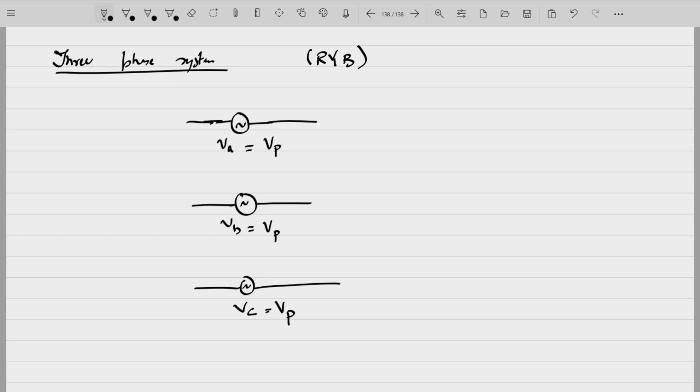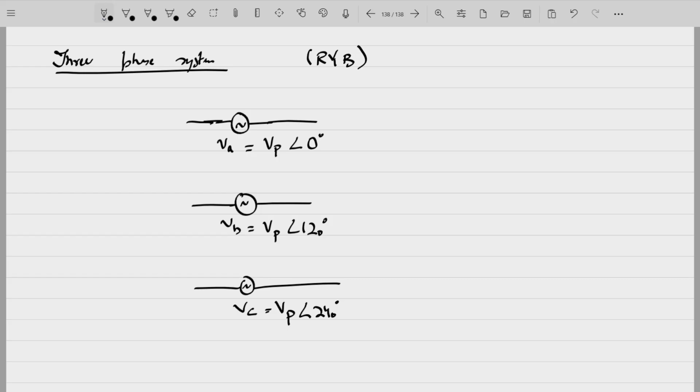All the three sources have the same magnitude. Let that be Vp. And the phase difference between the three voltage sources is 120 degrees.